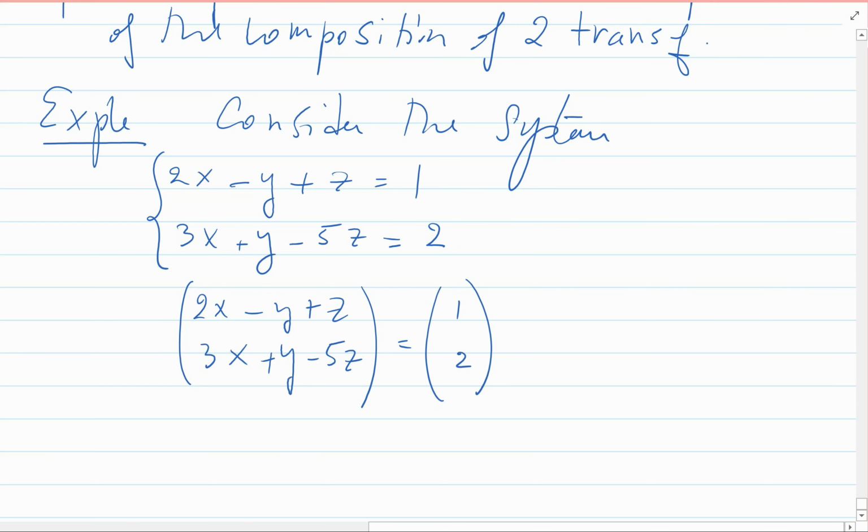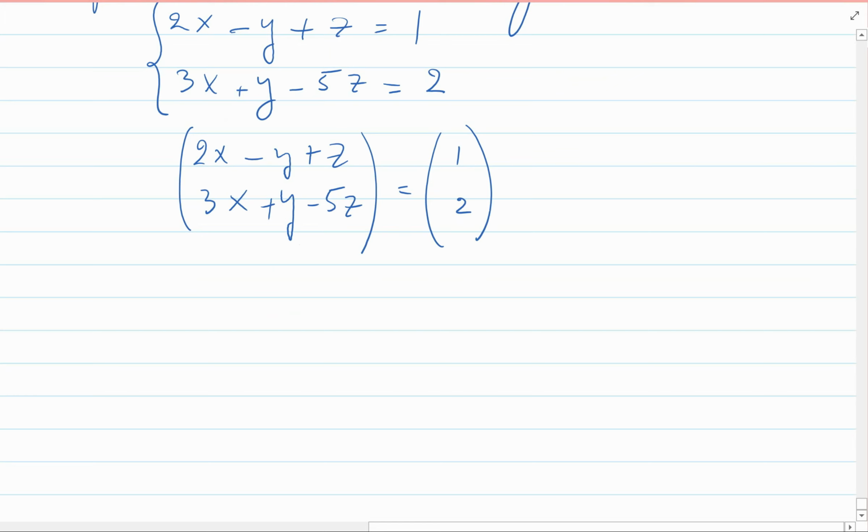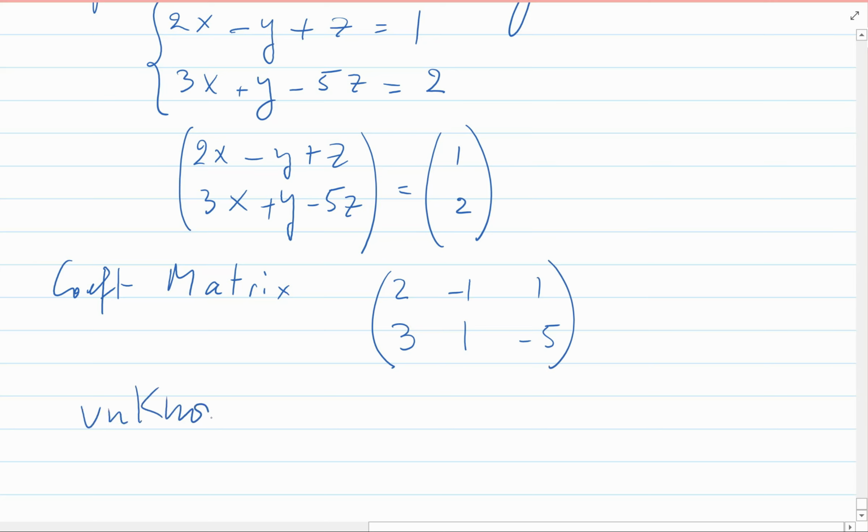Keep in mind, we have the coefficient matrix, not the augmented matrix, which is 2, minus 1, 1 and 3, 1, minus 5. And the unknowns, let's put them as x, y, and z.